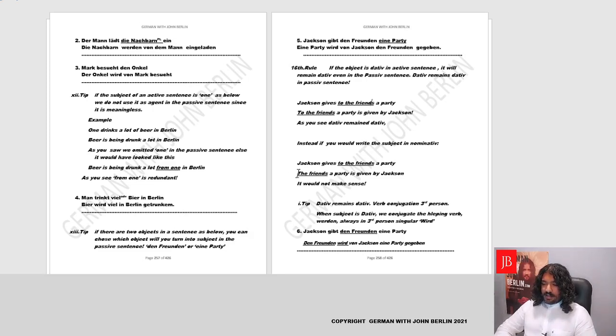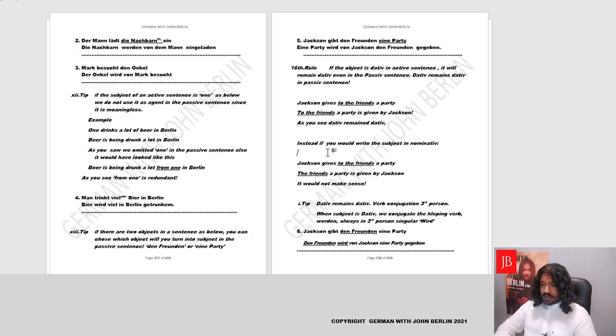That means if I write the friends a party is given by Jackson, yes, I changed to the friends, which is dative, into nominative. That's the friends. The meaning changed. It doesn't even mean anything. The friends a party is given by Jackson. It should have been to the friends. So that's why we need to understand when there is dative, it needs to remain dative in passive.